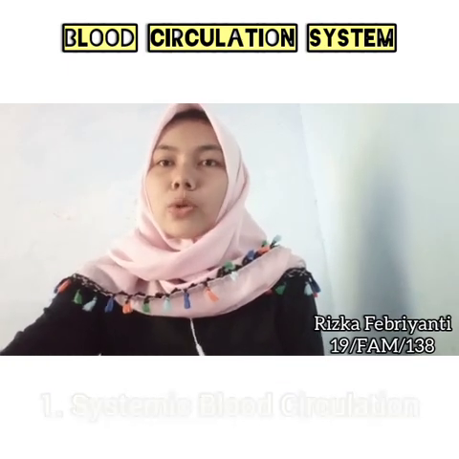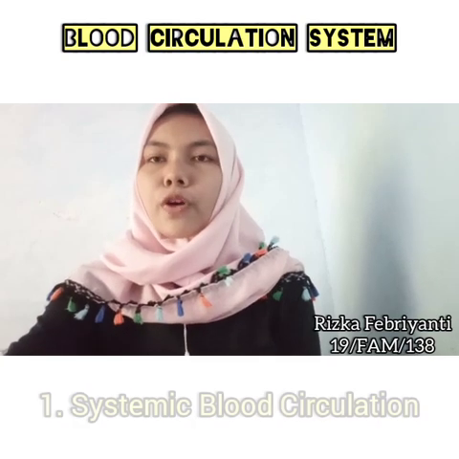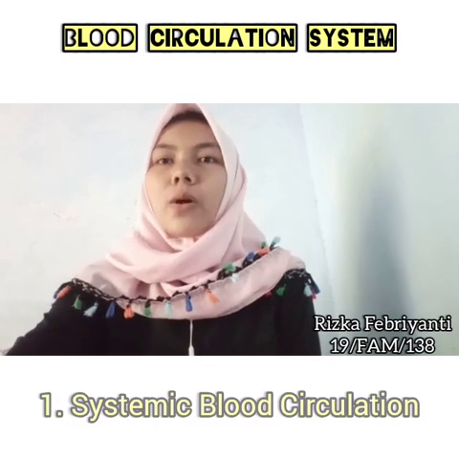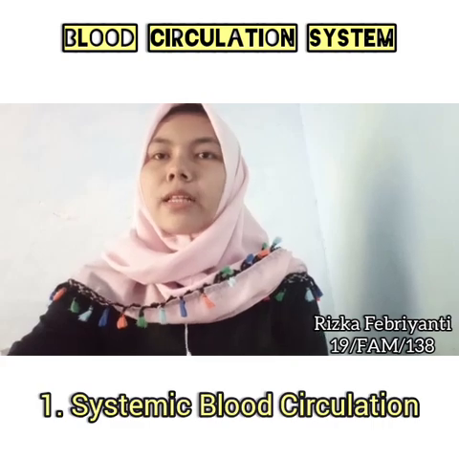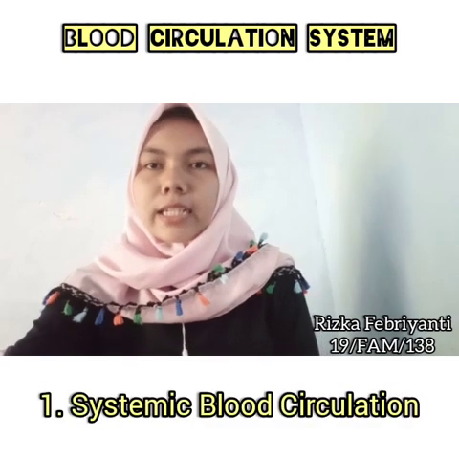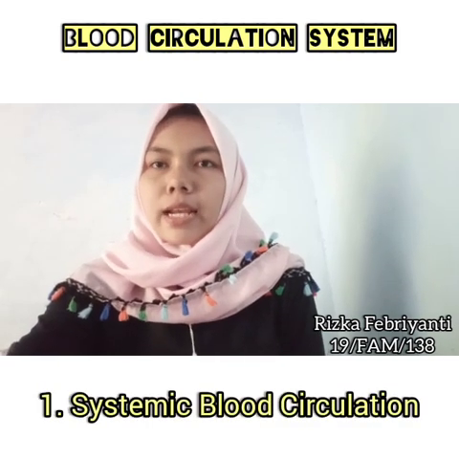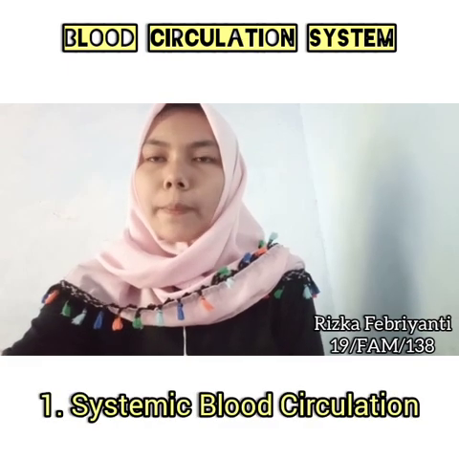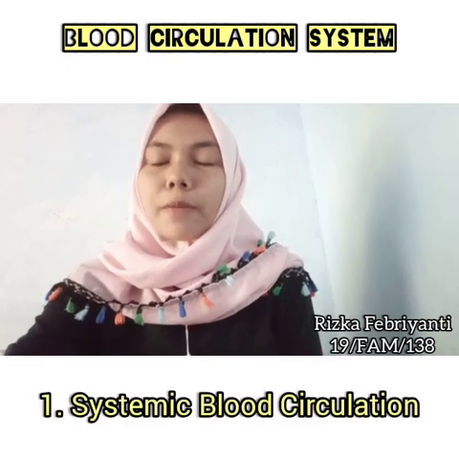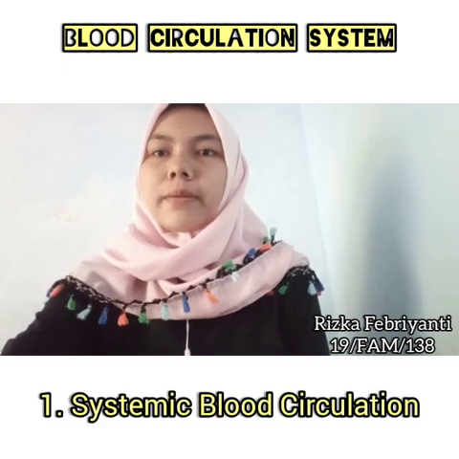Blood releases O2 and takes CO2 from all body tissues. CO2-rich blood is carried by the vena cava toward the atrium. Ventricular relaxation, the tricuspid opens, then blood flows to the right ventricle.